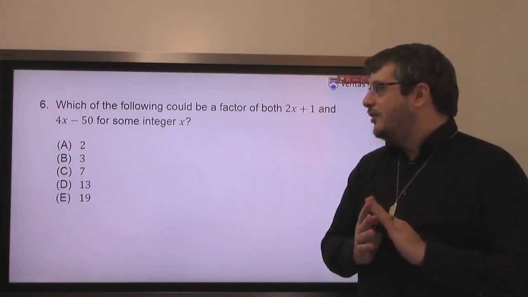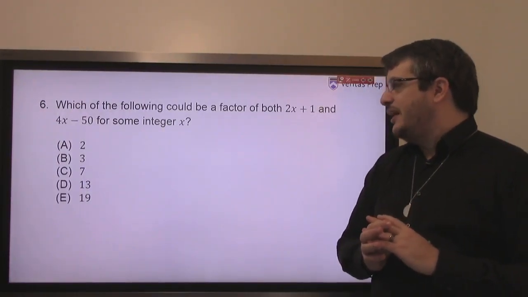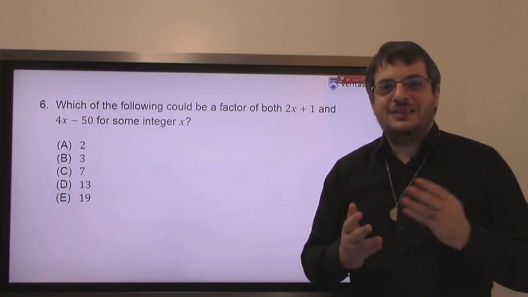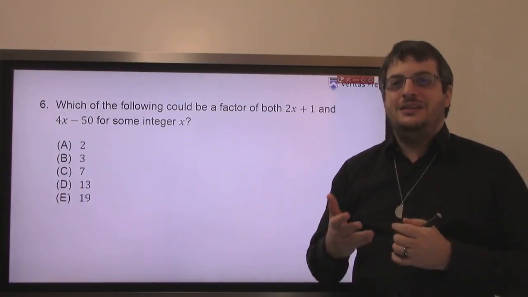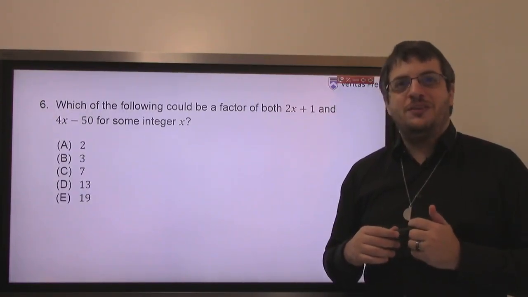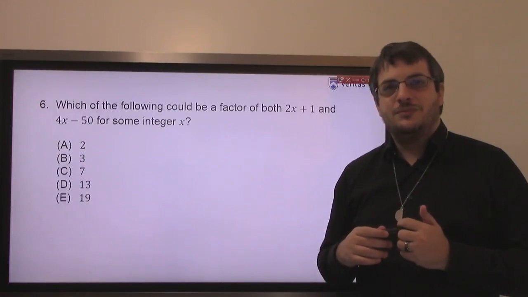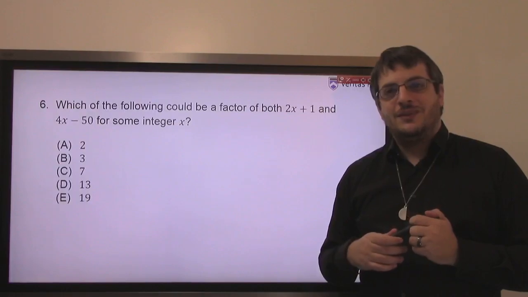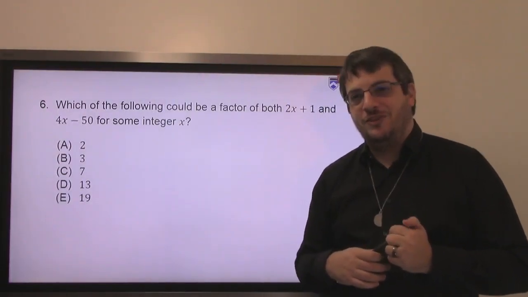So I want to know what's a factor of both of these things, but that means that I'm probably going to need to get rid of the X, because the X is in my way. I don't know what it is, and all of them could be factors of both of them. Trial and error. Wow, that sounds painful. Okay.